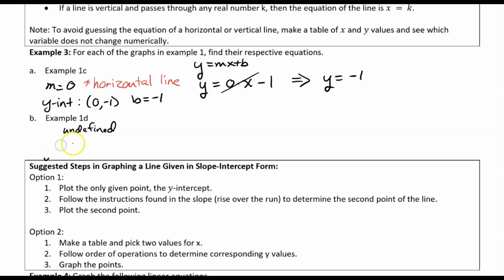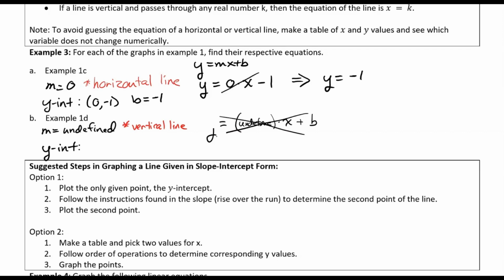And even if we could find a y-intercept for this particular graph or any vertical line, if I go to start writing my equation, can I write in the word undefined times x, plus the b value? This really doesn't make sense.